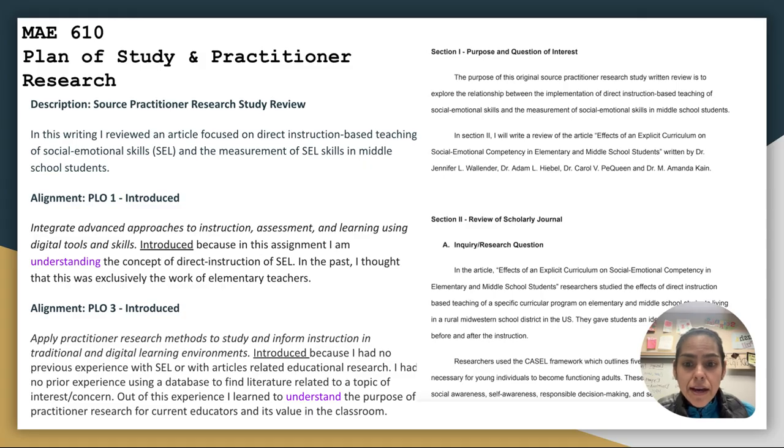PLO 3 was also introduced because I had no experience with SEL, and to be honest, I had no experience doing any kind of research of scholarly sources in my teaching experience.